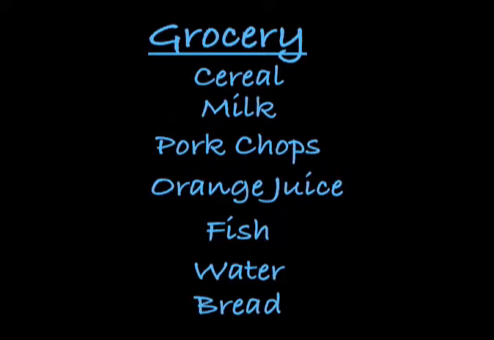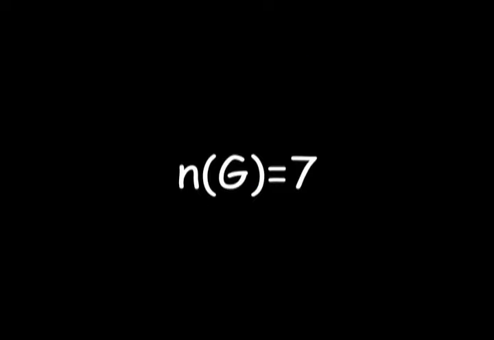Seven items are on the grocery list. N of G equals 7.